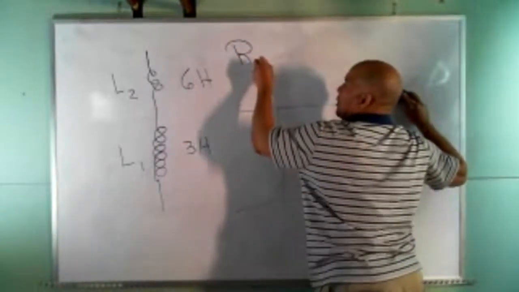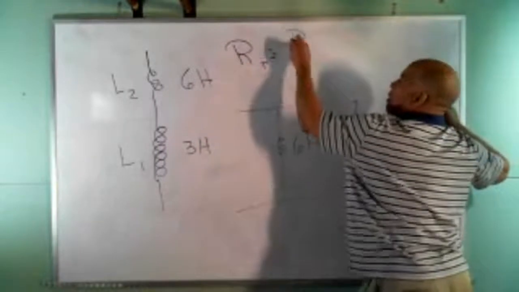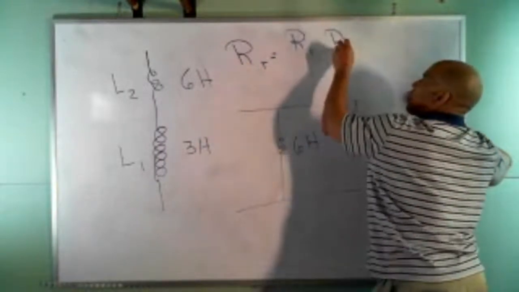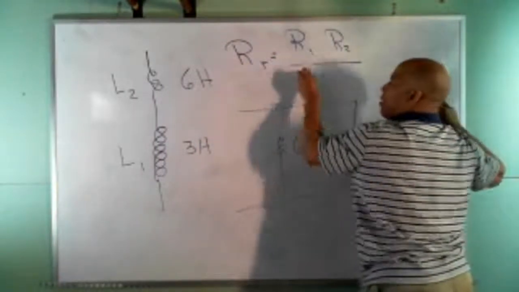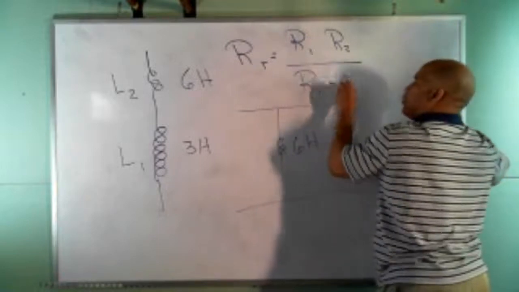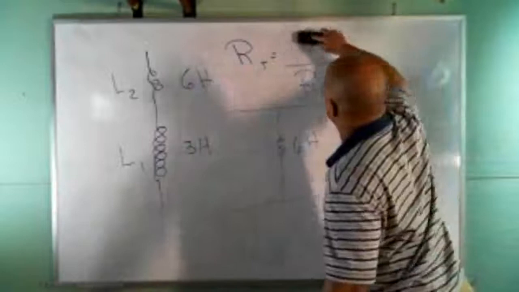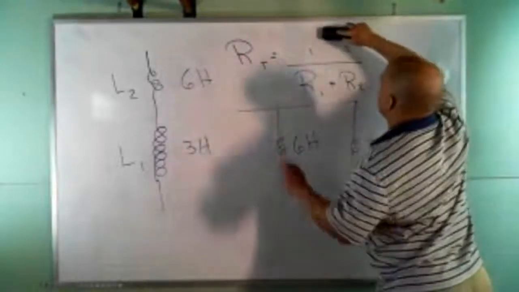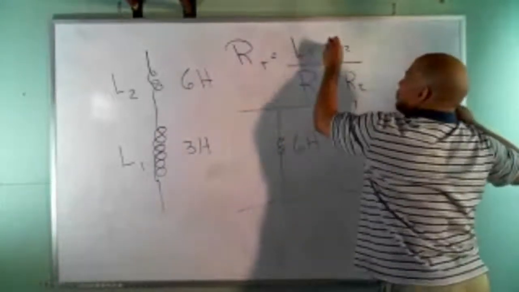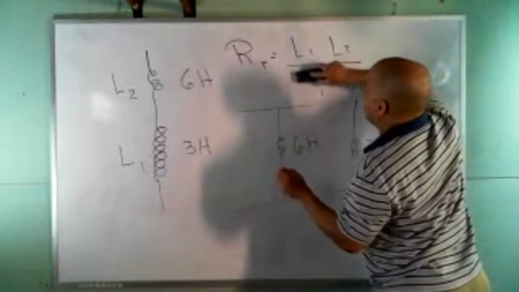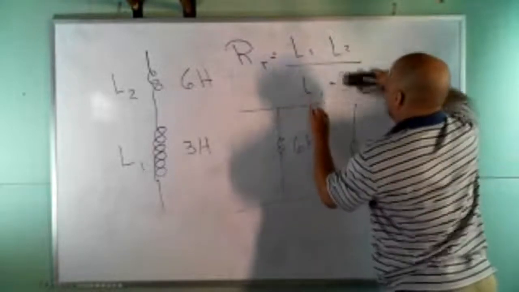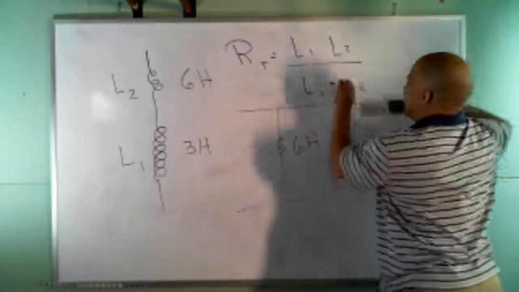So RT equals R1 times R2 over R1 plus R2, and I'll change these all to L's: L1 times L2 over L1 plus L2.